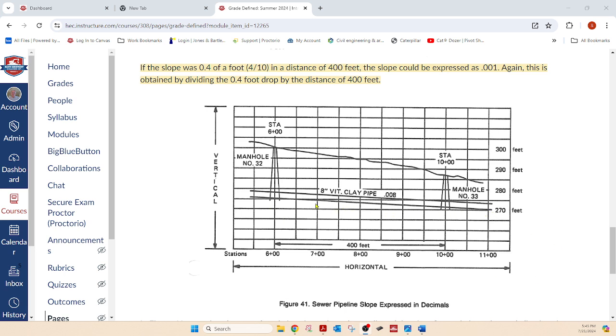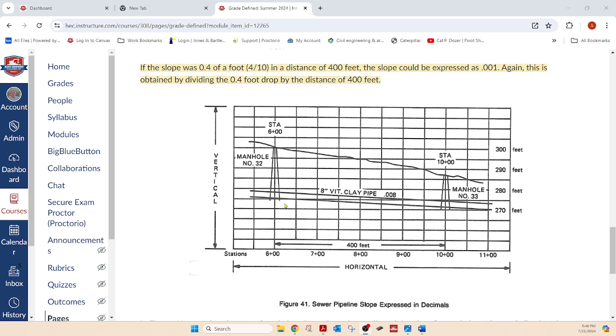So if I go over here and go up to the bottom of the pipe, I should be somewhere in the neighborhood of 275. This is 270, this is 280, that's 10 feet.